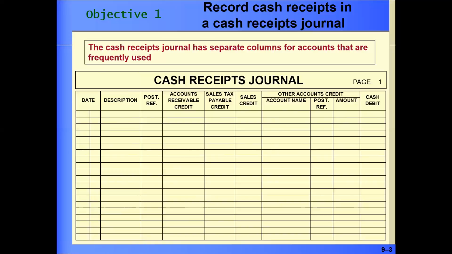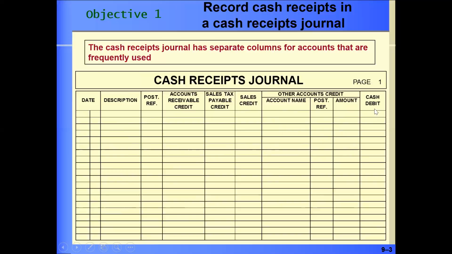I don't know. So the account would be miscellaneous or other income. Posting reference would be the same, the account number, and then the amount would be the amount that you sold. So this would be like the catch-all for all other things that would be more unusual in nature.